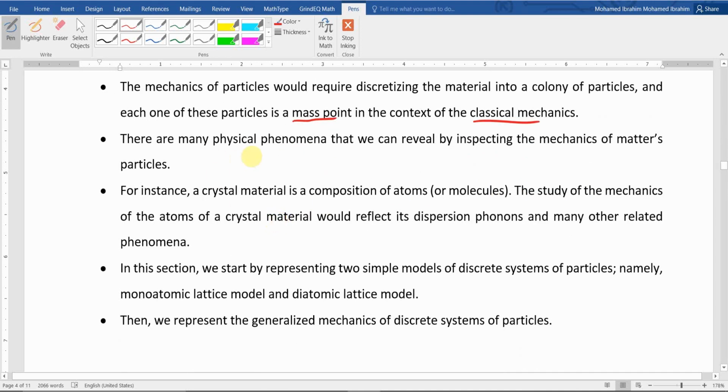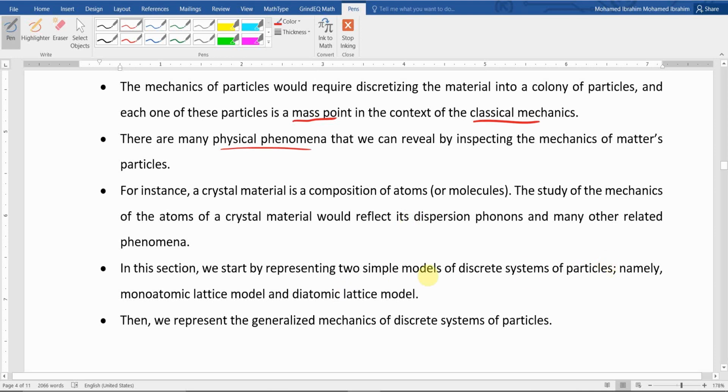So what are the different physical phenomena that we would capture or derive by inspecting the mechanics of these particles of the material? There are lots of things that we would derive by studying the mechanics of particle.